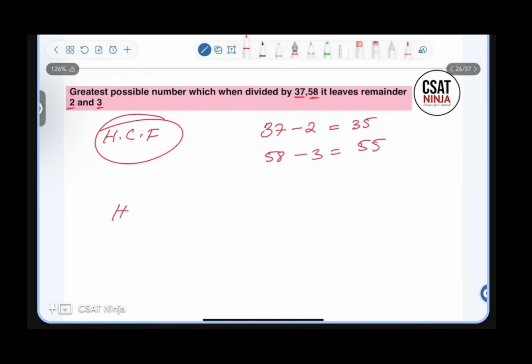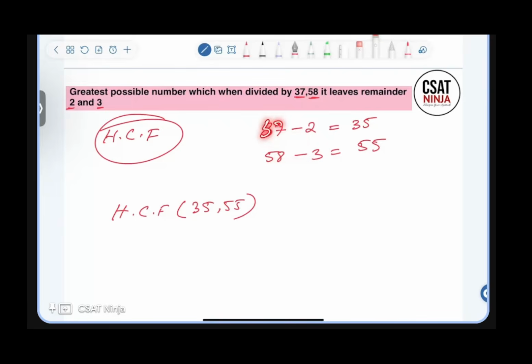After that, only you will find the HCF of 35 and 55. I'll repeat again. Remember, these are the types of question that can be asked, okay? If the question has 3 terms also, fine. You just subtract each remainder from each term and you get the value.